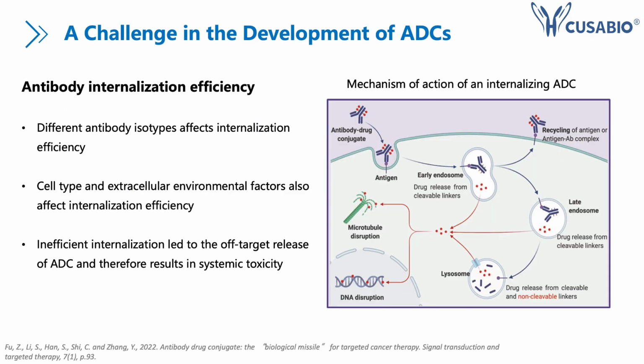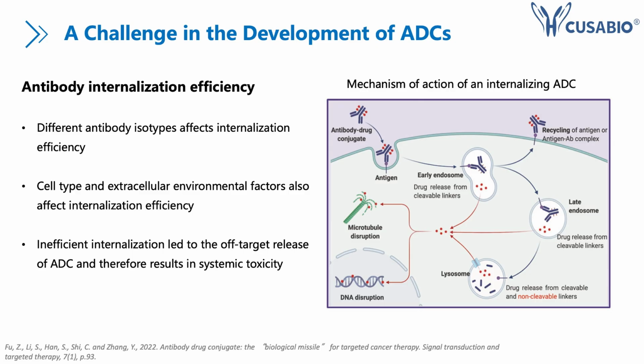So come back to today's topic. I want to focus on the internalization efficiency of ADC. This is a key feature and a challenge in the development of ADC. If you take a look at the right panel that I showed you here, this is the mechanism of action of an internalizing ADC.